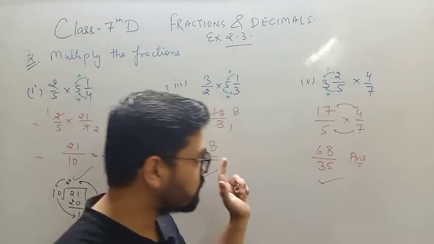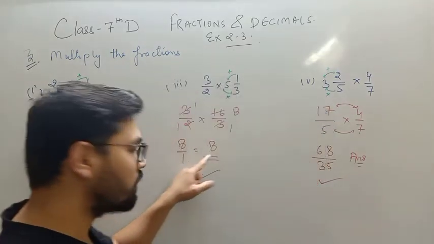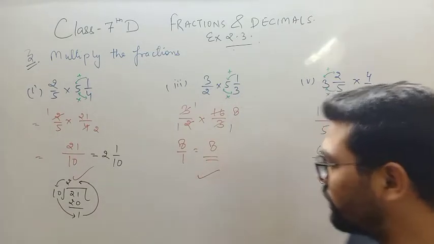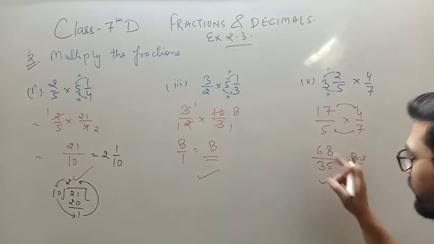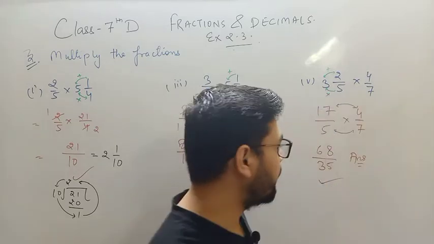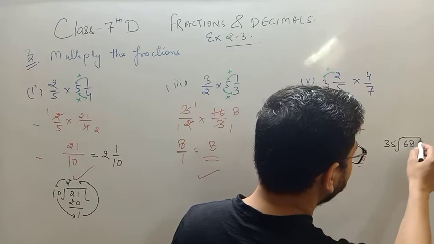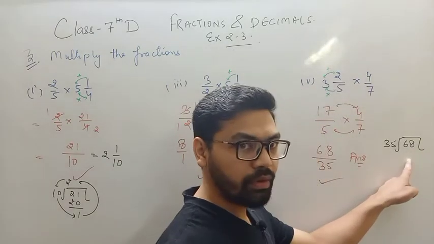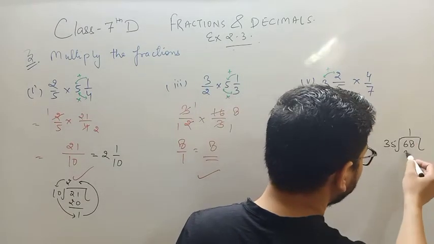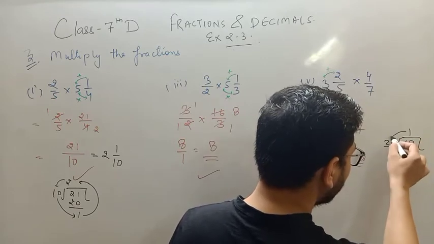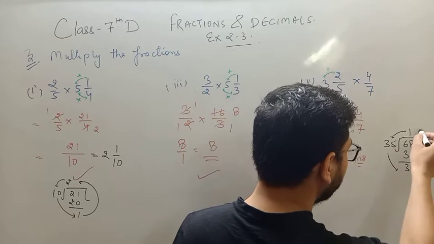This is simplest. I mean 8 upon 1 is equal to 8. No need to change into the mixed fraction. You cannot even change this into the mixed fraction, okay. Now 35 and 68. Now you can write, when you divide 68 by 35, so 35 2s are 70. So 35 1s are 35. So you will get 3 and 3. So 1, 35 and 33.